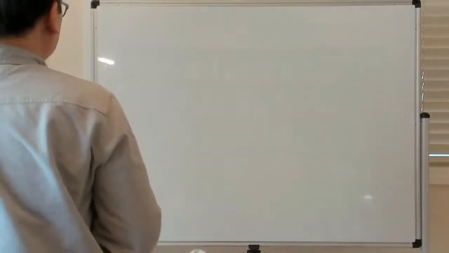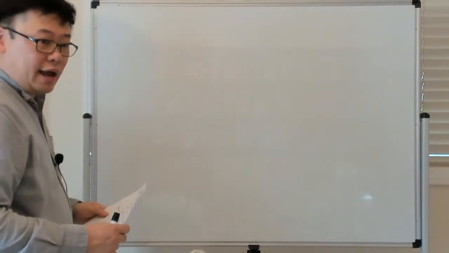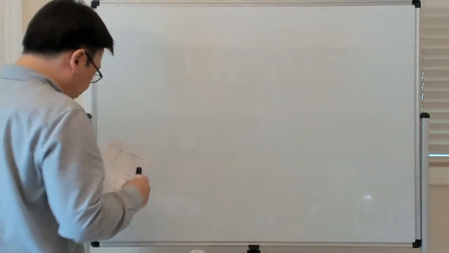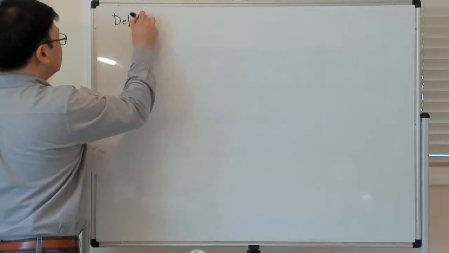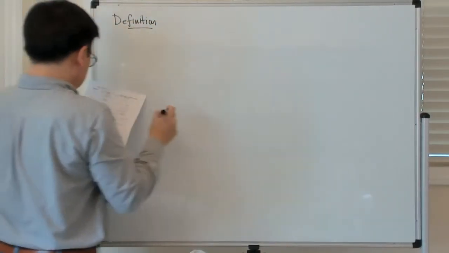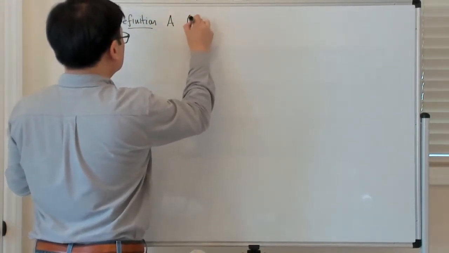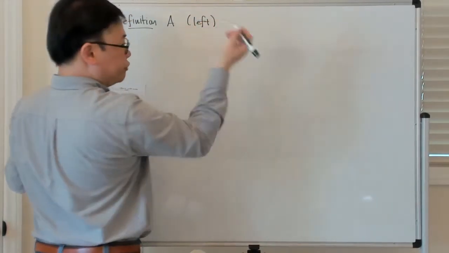Okay, so once you have a Lie group, then we can start talking about actions of Lie groups on manifolds. So a left action, there are also, of course, right actions.